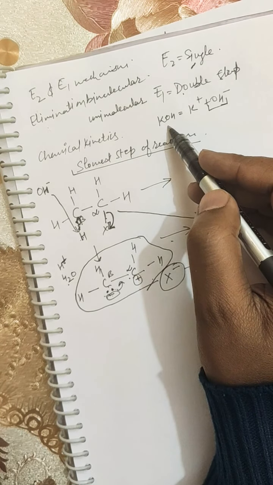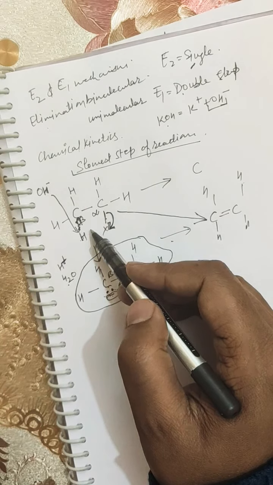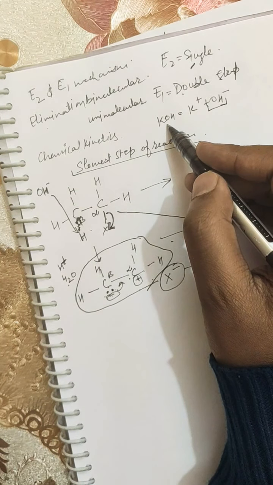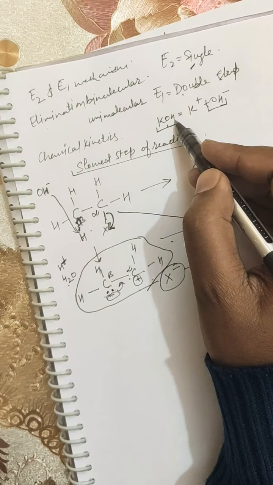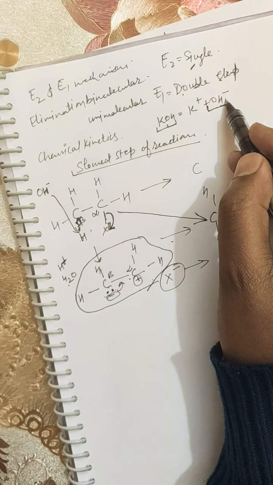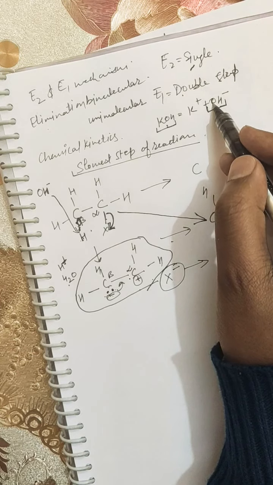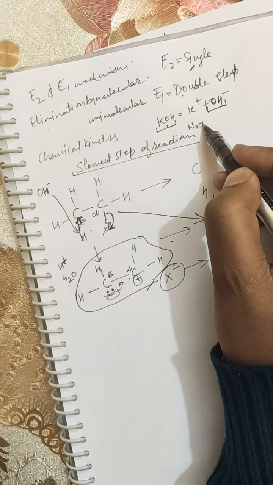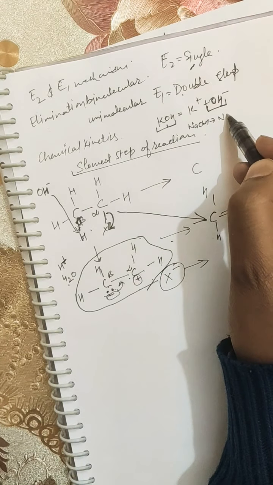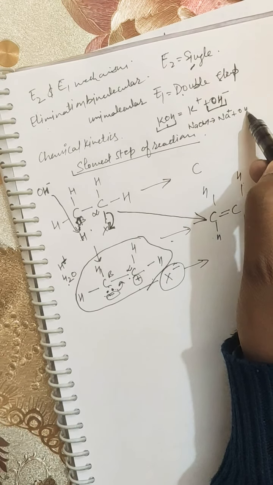potassium hydroxide is added to this alkyl halide. Out of potassium hydroxide, the hydroxyl anion, which is basically a base, attacks. All the compounds containing hydroxyl anion are bases. For example, NaOH is also a base because NaOH contains Na positive and hydroxyl anion.